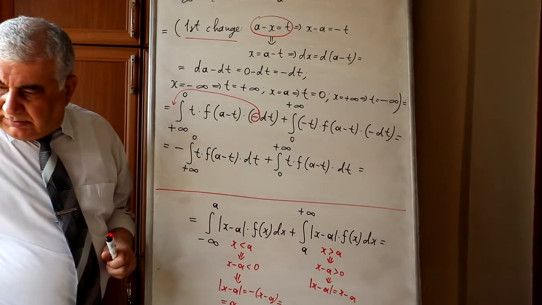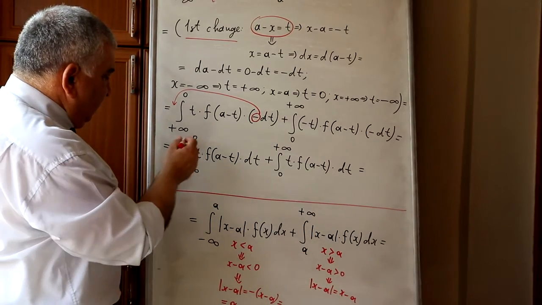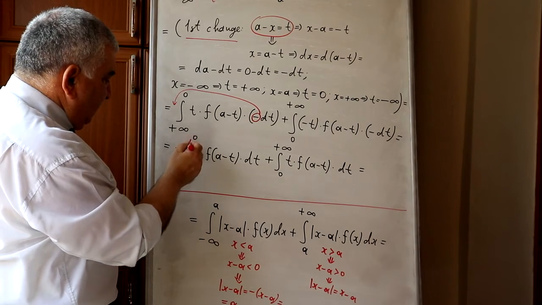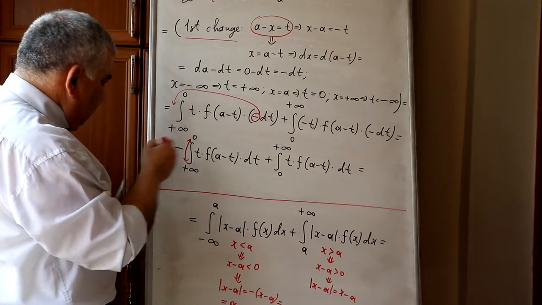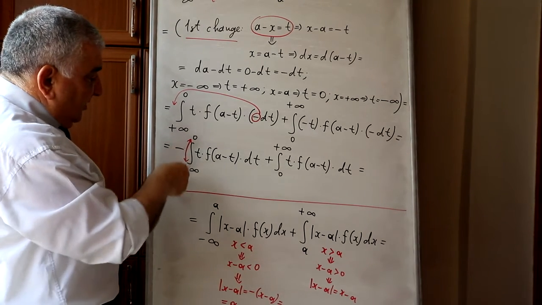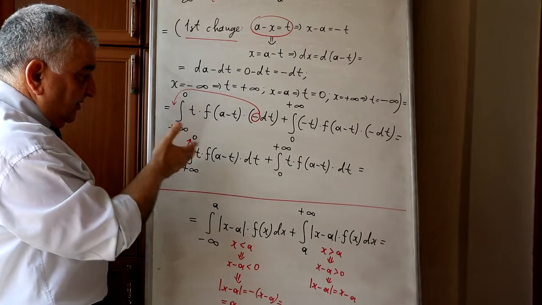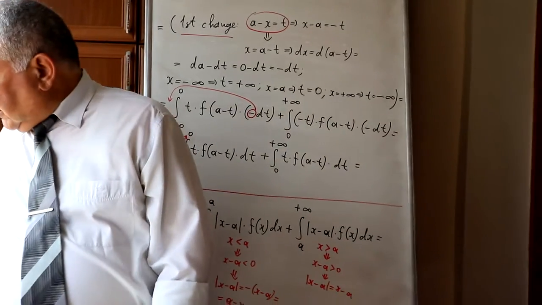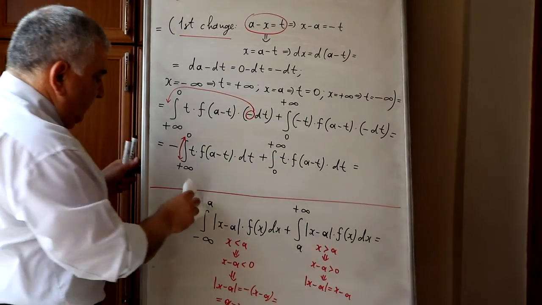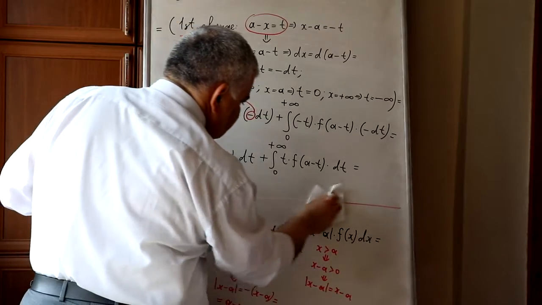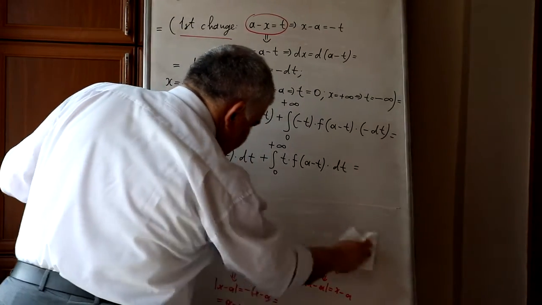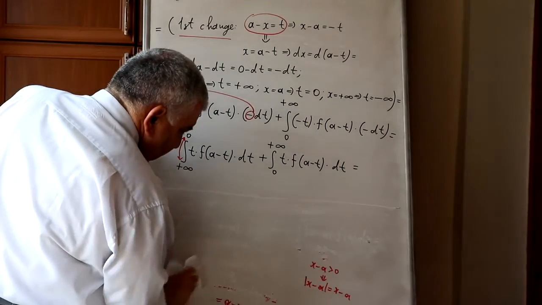Then we can change the places of the integral limits in the first integral. And in this case, the sign of this integral will be changed.